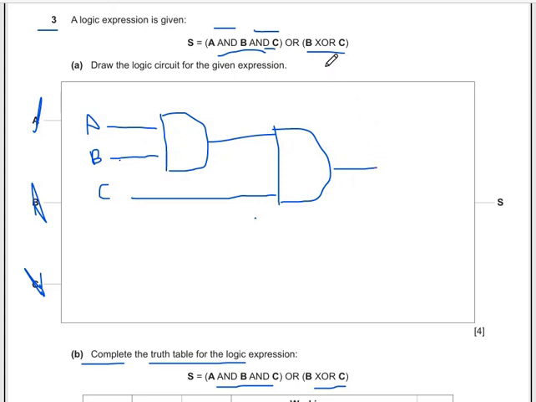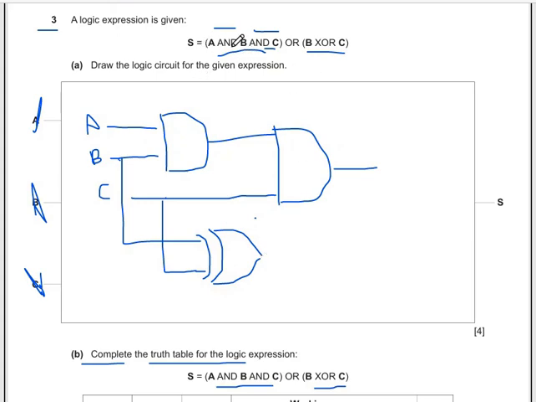Now our next expression is B XOR C. We will draw the input from this one, and again C. The gate between these two inputs is XOR. As I told you, to solve these questions it is very important to memorize all the gates as well, because if the correct shapes are used, definitely you will get the marks.